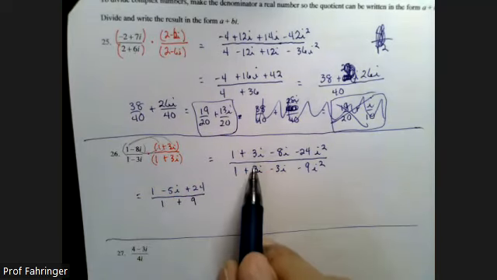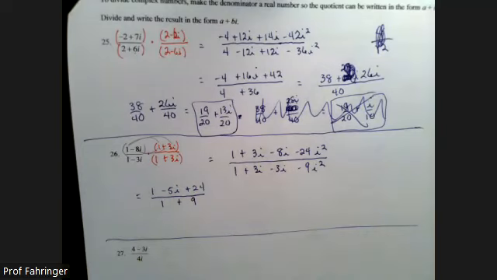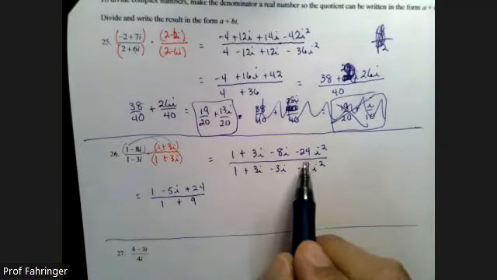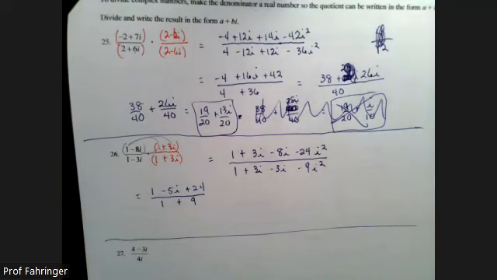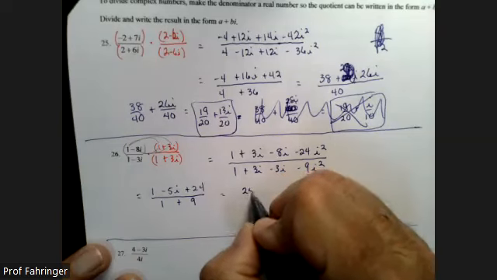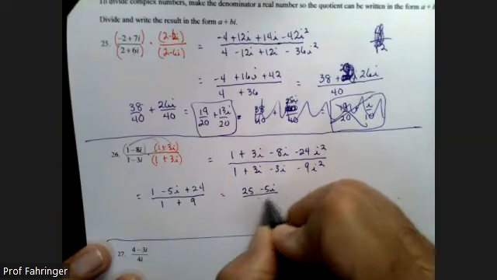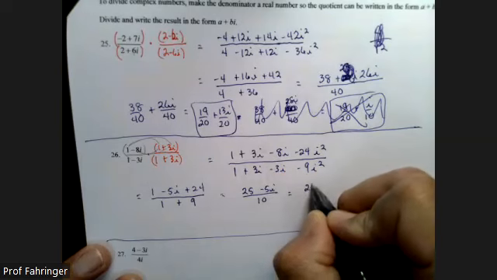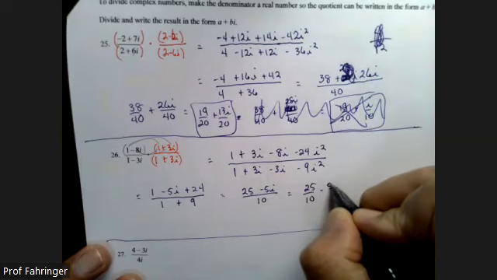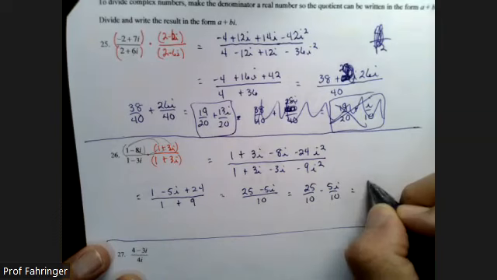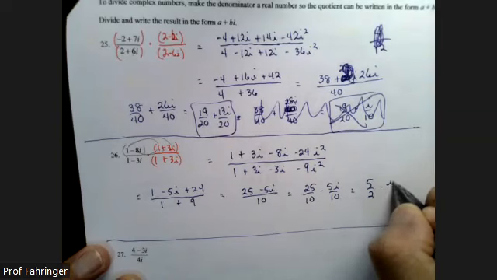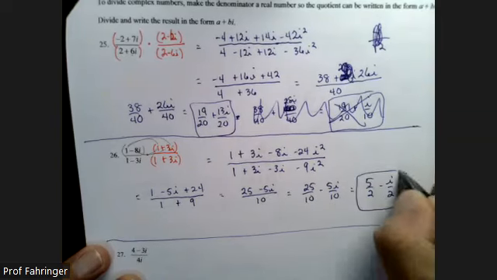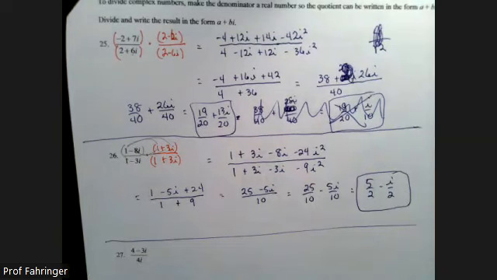The 3i and the negative 3i, they're going. i squared becomes -1, which turns this into a plus 9. 25 minus 5i over 10. 5 minus i over 2. Please tell me I redeemed myself and I got that one right. Looks right. Small victory, woohoo!